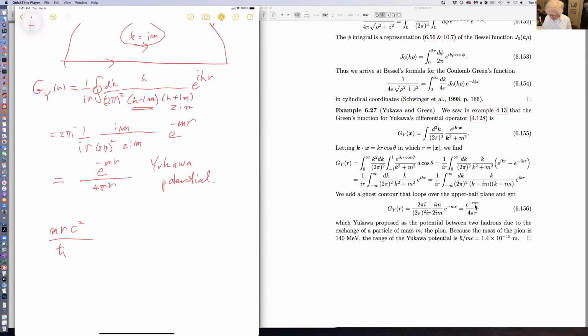And so now I've got too many times, I probably should divide by a c. So now h bar c has units of energy times distance. And so now this thing is dimensionless. And so this thing is e to the minus mrc over h bar. If I haven't made a mistake, that's right.